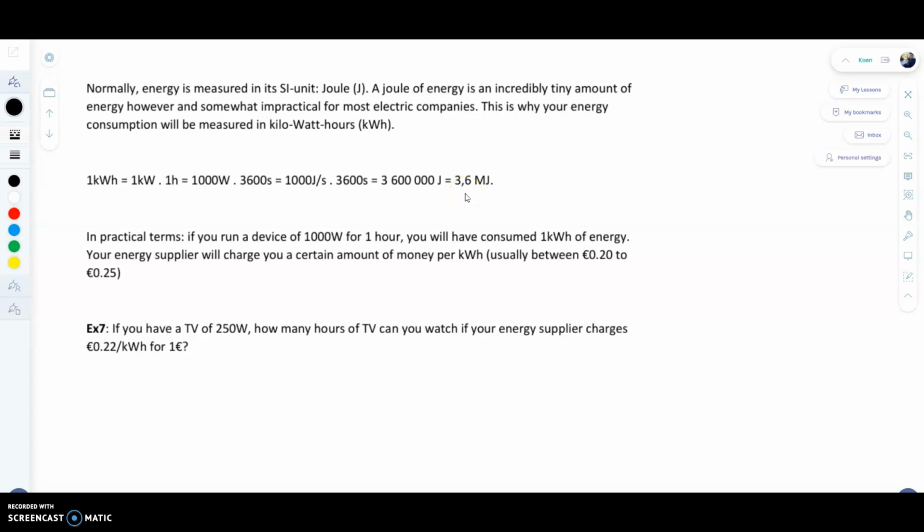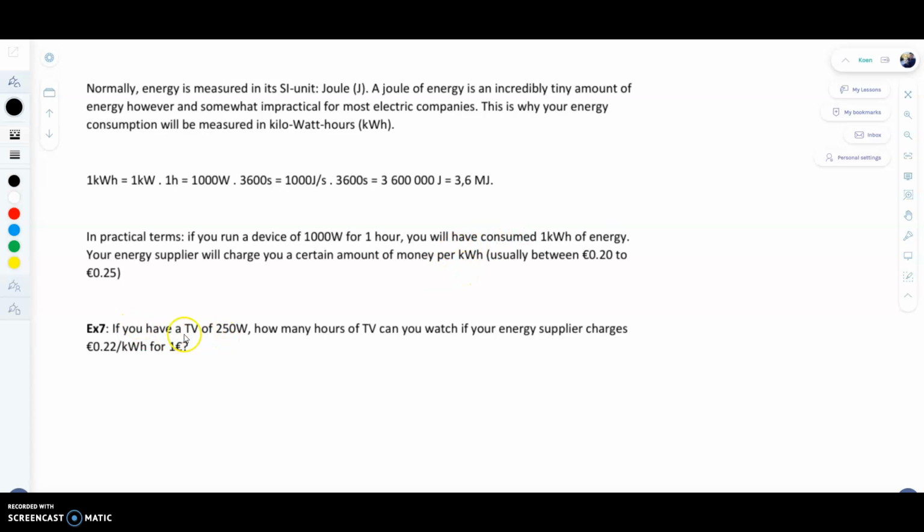And that is a more usable amount in practice, because if you run a device of 1000 watts for 1 hour, you will have consumed 1 kilowatt hour of energy. The amount of power gives a good indication of how much that is going to cost with this unit.